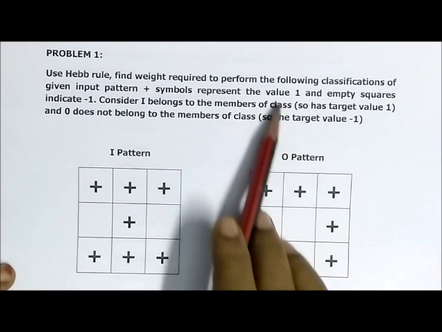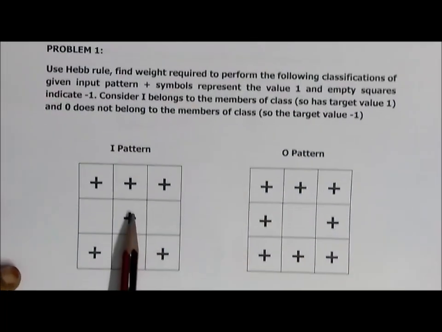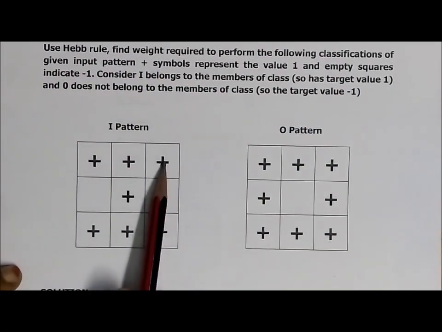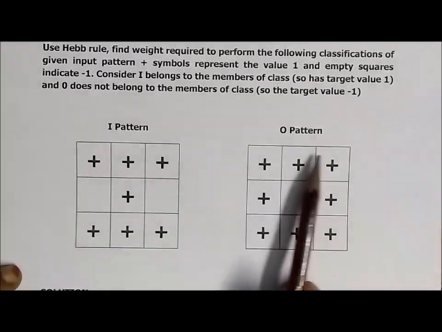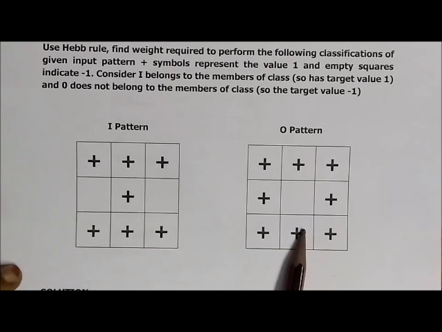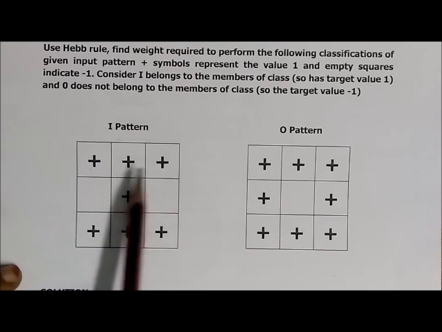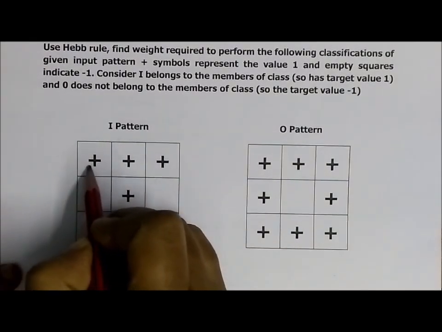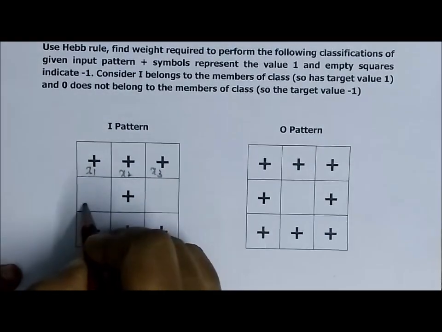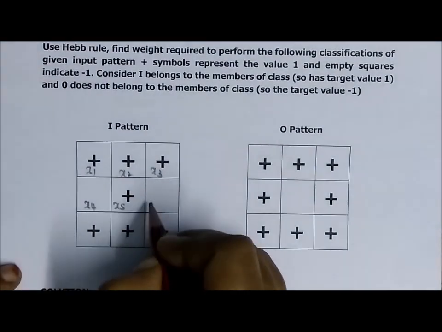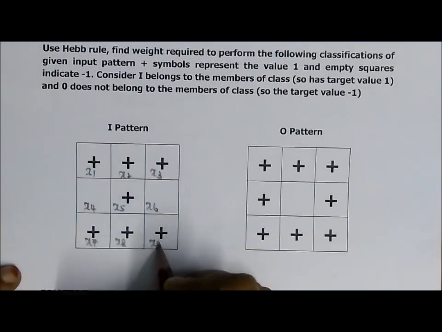As per the problem given, we have two patterns known as I pattern and O pattern, and the plus symbol represents the value 1 and the empty represents minus 1. Similarly for O pattern also we have to specify. Here we have to specify the inputs as x1, x2, x3, x4, x5, x6, x7, x8 and x9.